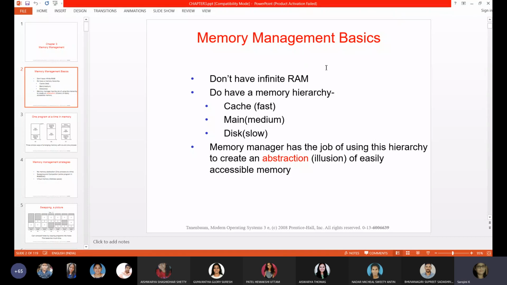So, memory management basics. Why do we need memory management? Because our RAM, which is required by many processes, is very small in capacity. You may ask, ma'am, why are you always saying RAM is small? Why can't you increase the size of the RAM? If we increase the size of the RAM, now you are buying a laptop for 35,000-40,000.